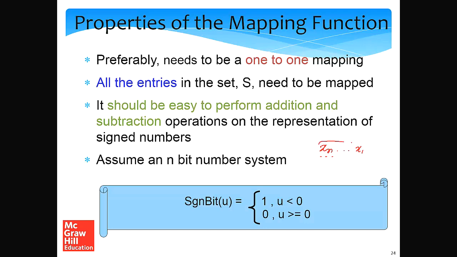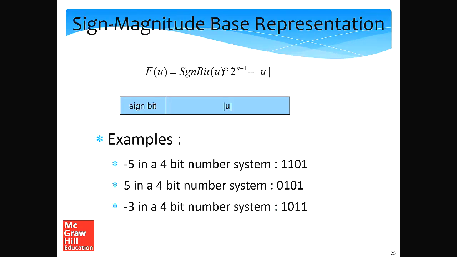Every number will be mapped with n bits. We also want to introduce a function, sign bit of u, which returns 1 if u is less than 0, and returns 0 if u is greater than or equal to 0. So essentially, if the number is positive or 0, the sign bit is 0, and if the number is negative, the sign bit is 1.